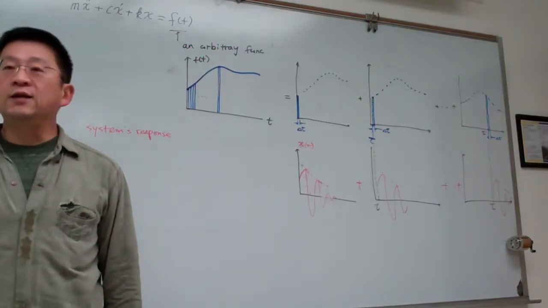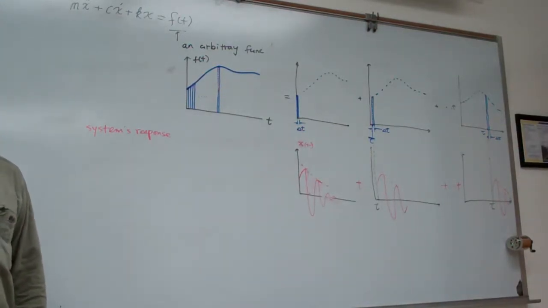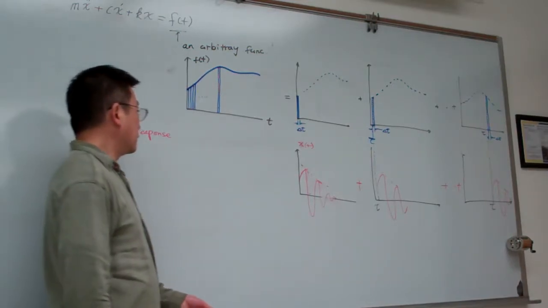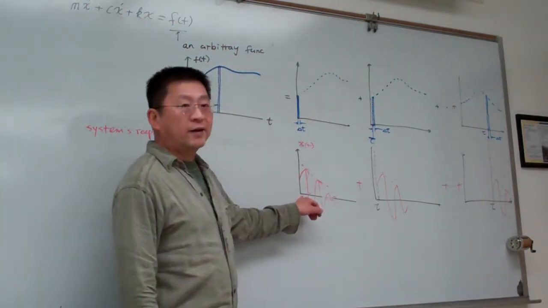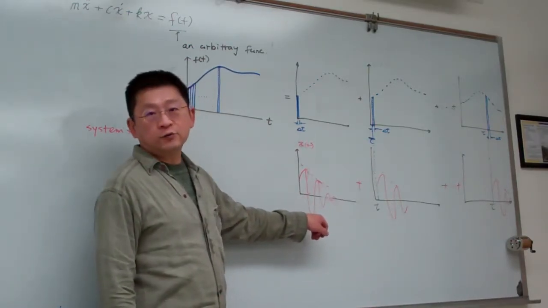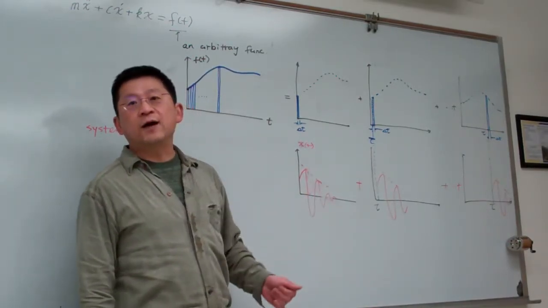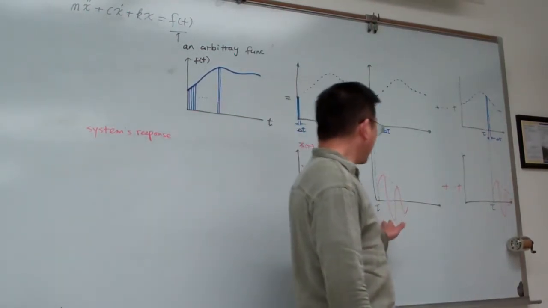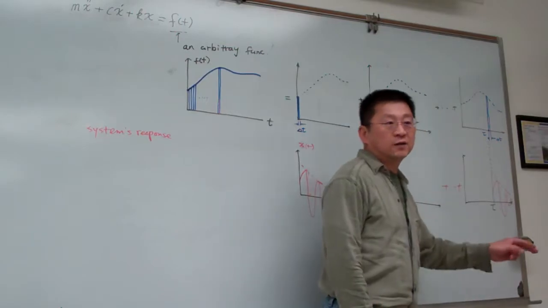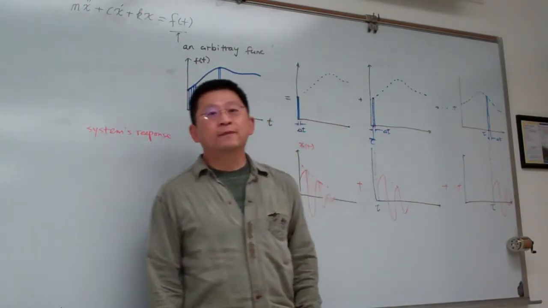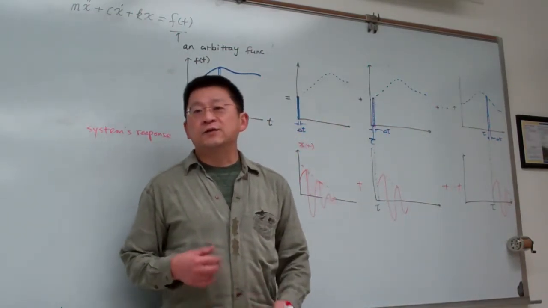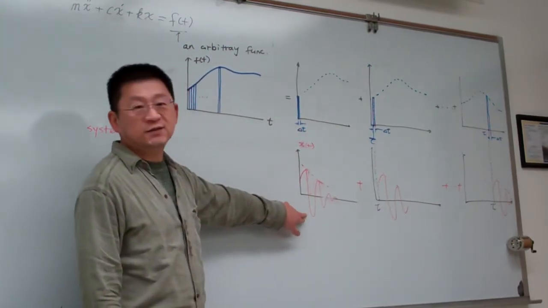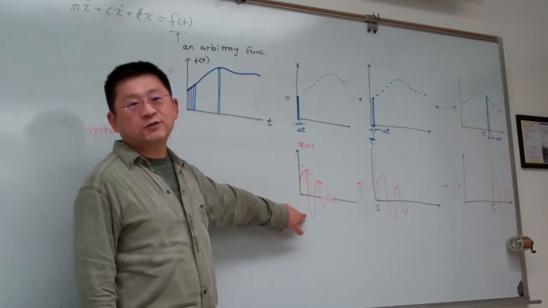So the remainder of our learning here is, first, to find the mathematical description of such a response. The second is how we add up those functions together. Simply two steps. The first one I want to show you is how to describe the response here, so that we can have the new sections.